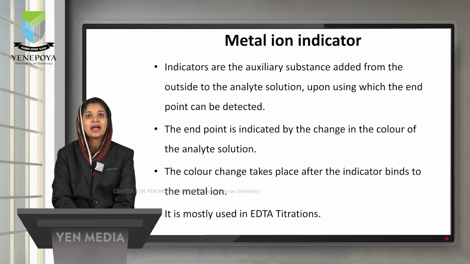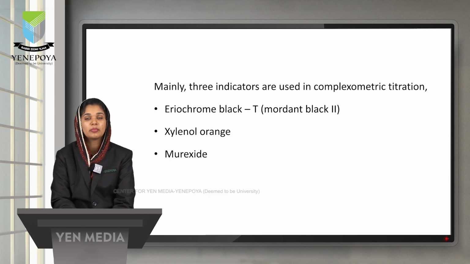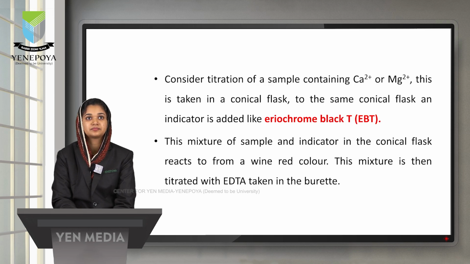Next is metal ion indicators. Usually we use an indicator in order to detect the end point in a titration. So, the PM indicators or metal ion indicators are those compounds which we use in complexometric titration in order to determine the end point of the titration. The most commonly used PM indicators are eriochrome black T, xylenol orange and murexide.